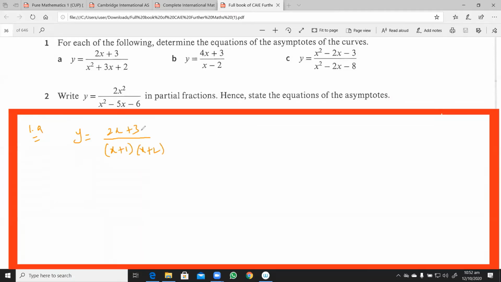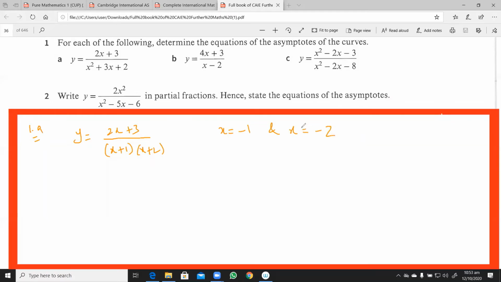So this is a proper algebraic fraction, so there is no division. We can't write this as a sum of a polynomial and a fraction. So this clearly has two vertical asymptotes. One is x equal to -1 and the other is x equal to -2.